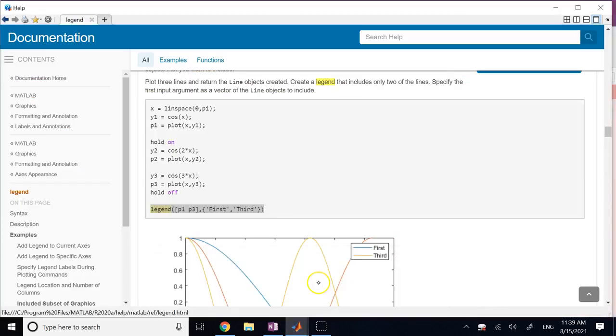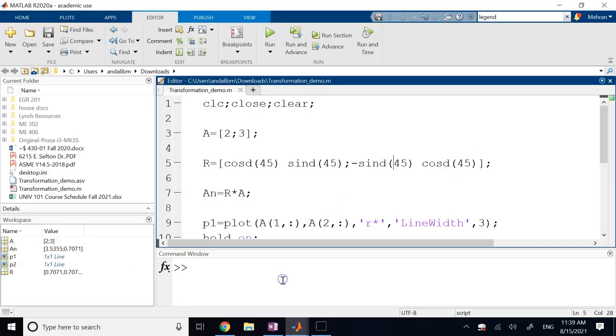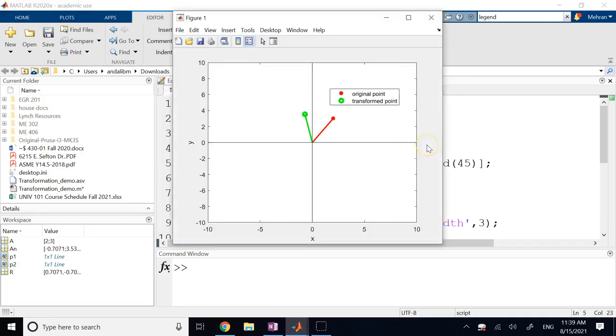So when I go back to my MATLAB code, I should make sure this is negative, this is positive. And now if I do it, I should get the right thing. And you can see now the red vector is rotated 45 degrees counterclockwise to get you the green vector. Good.